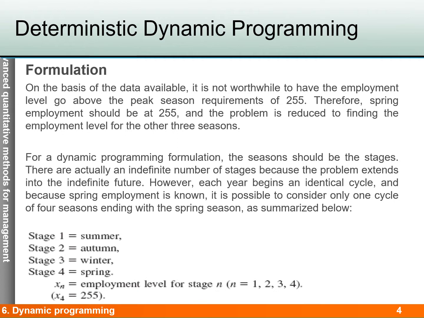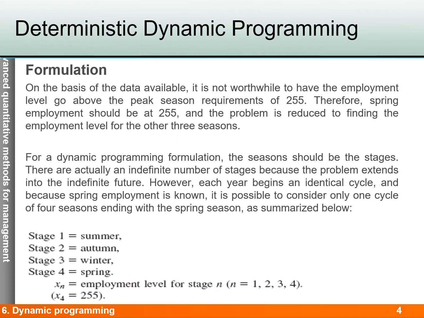So we know the spring, that is 255. So if we name our first season, that is summer, as stage 1, the autumn is stage 2, and the winter is stage 3.